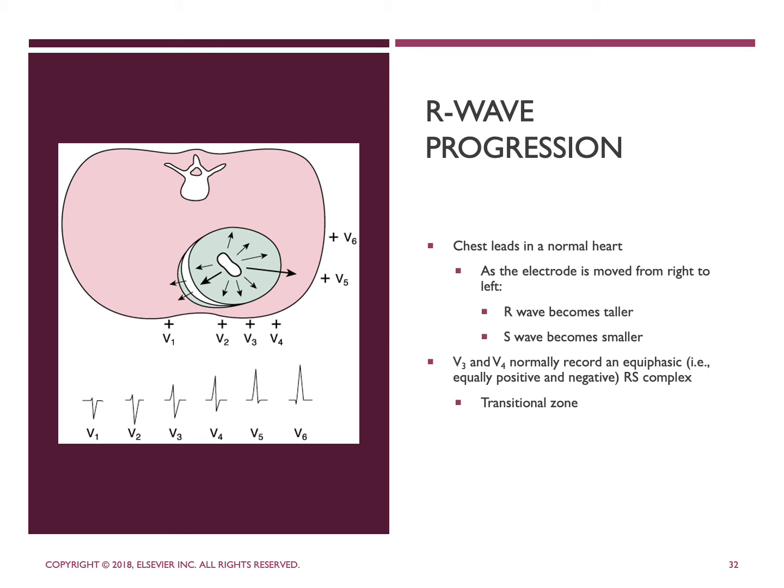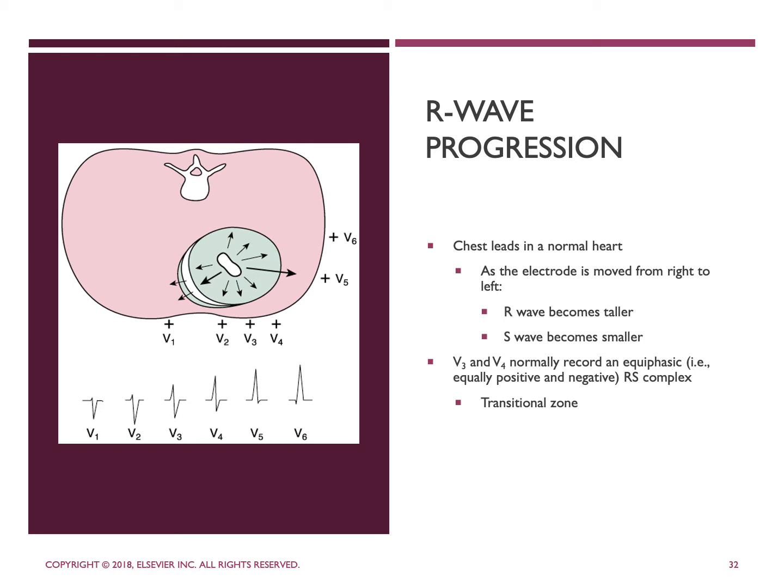When viewing the chest leads in a normal heart, the R wave becomes taller, meaning it increases in amplitude, and the S wave becomes smaller as the electrode is moved from right to left. This pattern is what we call the R wave progression.